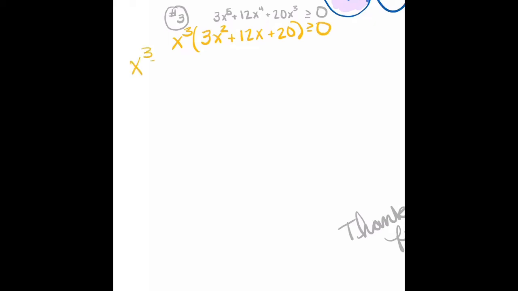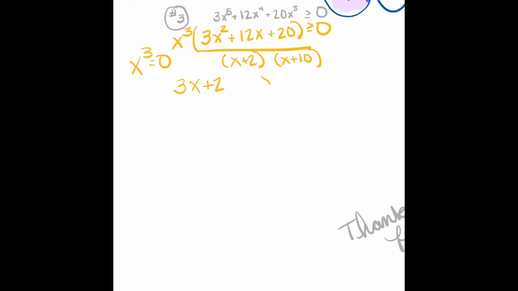So we're going to set this equal to 0, and then we have this. This factors into (3x plus 2) and (x plus 10).